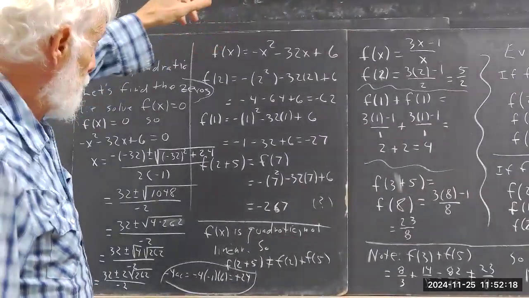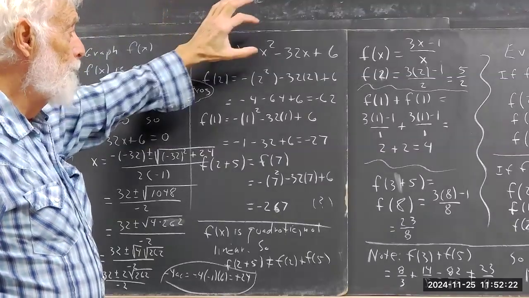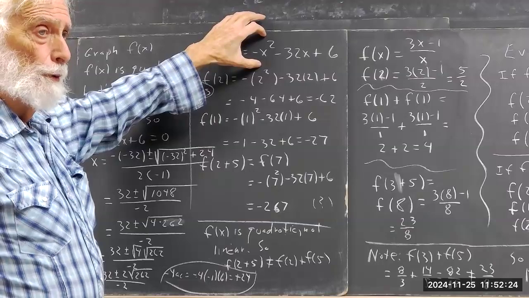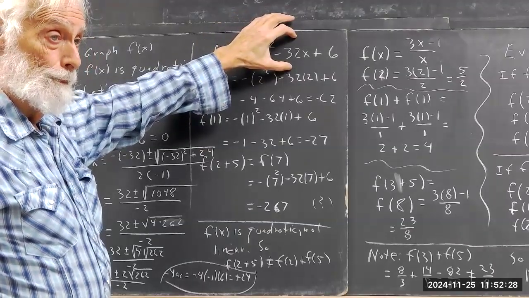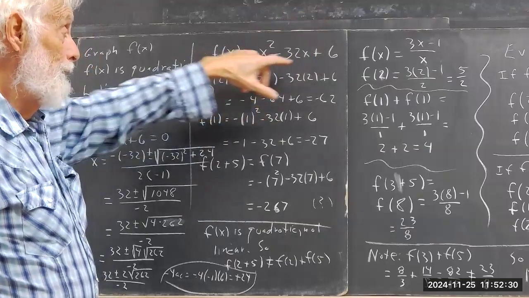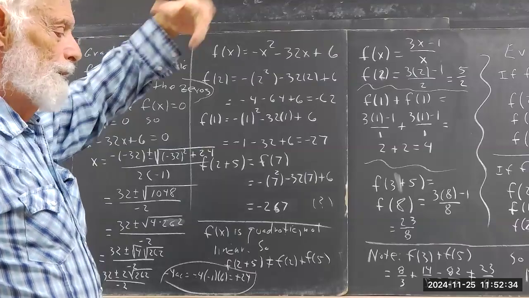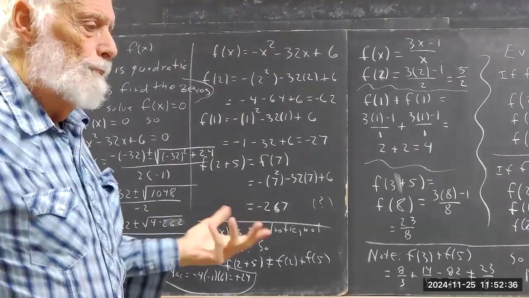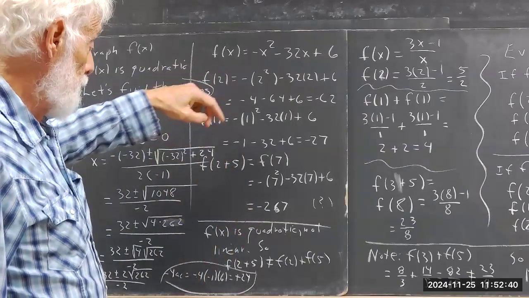Now I'm pointing to this thing. I said x is negative 0.2. This is negative 0.04. This is 6.4. And then this is 6. You add all that up, and you get like 0.4. Small number compared to the other numbers that we're going to encounter here.